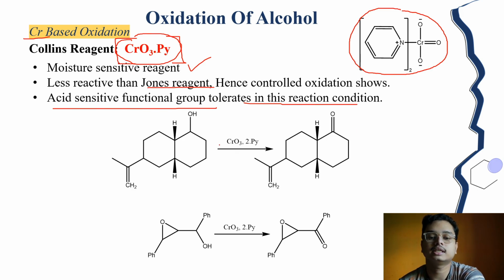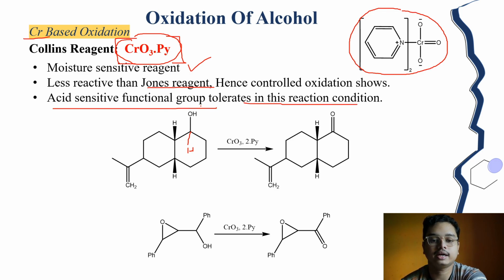Now let us talk about certain examples. The reaction mechanism is similar to Jones reagent, and the reaction also requires at least one hydrogen to do the transformation. So the Collins reagent is also unable to oxidize the tertiary alcohol.